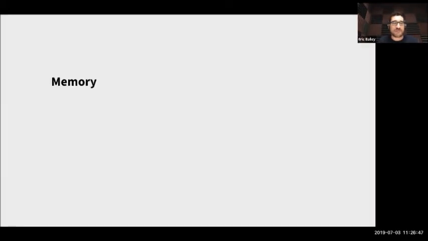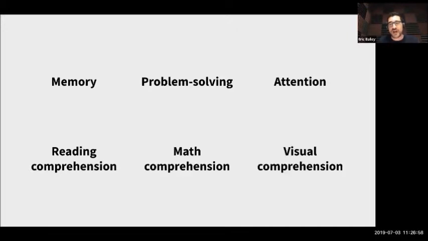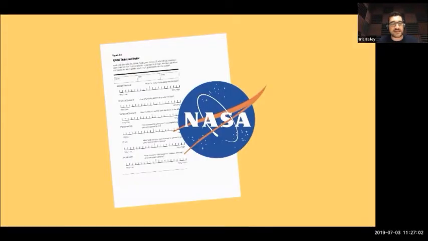Namely, cognitive load inhibits our memory, our problem-solving skills, our attention, our reading comprehension level, our math comprehension level, and shockingly, our ability to actually understand what we see. It's such an important problem that NASA developed the Task Load Index, an assessment tool to help quantify it. And importantly, this isn't warm, fuzzy feelings about empathy. This is a serious attempt by a government agency to refine efficiencies and prevent errors.